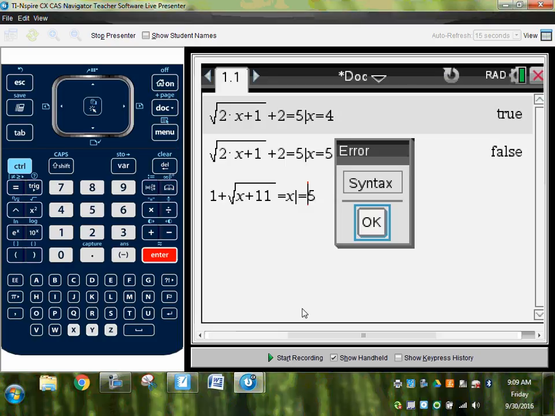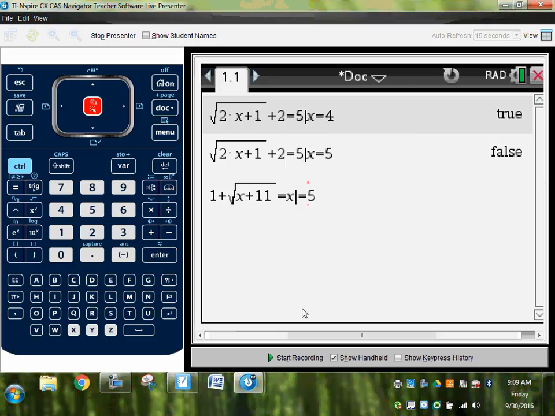Careful. Whomever this is, you got to do an x equals after the bar. Press enter. Does the 5 work?